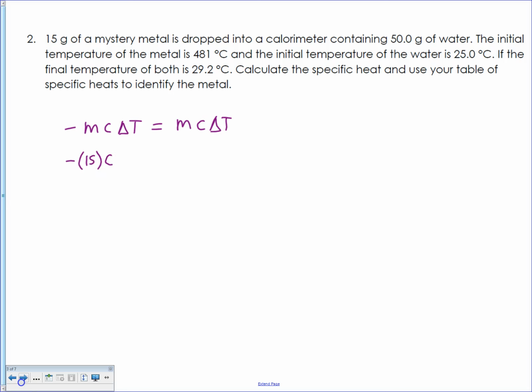C is unknown. Delta T for the metal goes from 481 down to 29.2. Because 481 is only given to the ones place, that's what the answer to this has to be in. So even though it's not what your calculator would spit out, 481 minus 29.2 gives you negative 452.